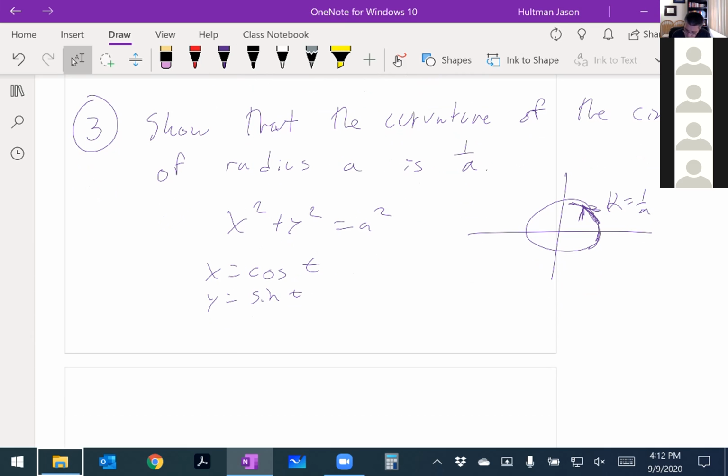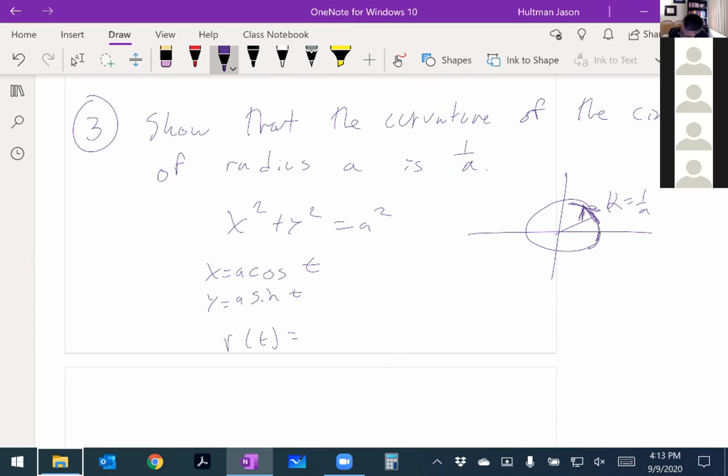But this isn't just a unit circle, this is a circle of radius a. So I'm going to let this be a cosine t and a sine t, and make that our parameter.